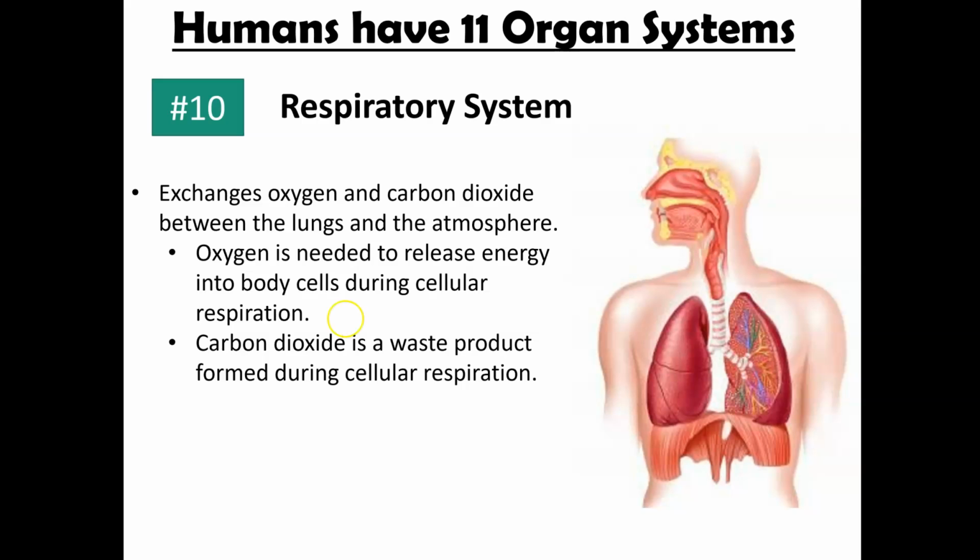And carbon dioxide is a waste product that's formed during cellular respiration, but it needs to be expelled. So your respiratory system allows for that expulsion of carbon dioxide, and it allows you to gain oxygen from the outside atmosphere into your lungs, and then into the circulatory system, so that it can travel all around to where it's needed.